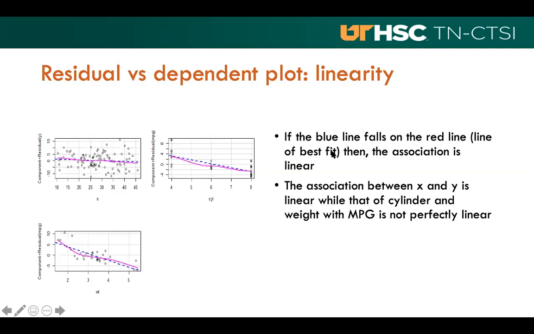If the blue line falls on the red line, the line of best fit, then the association is taken as linear. The association between x and y is linear in the first figure, but for that of cylinder, in the second figure, there is deviation from the line of best fit.